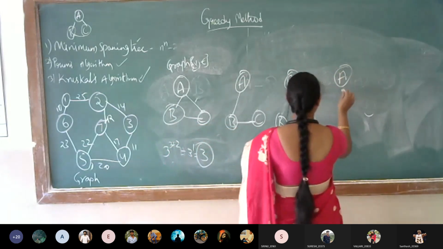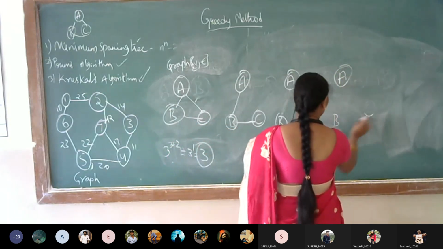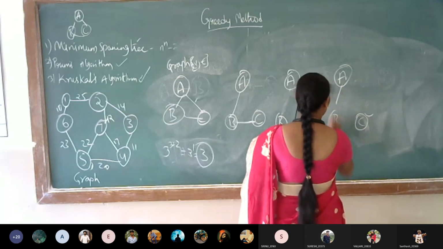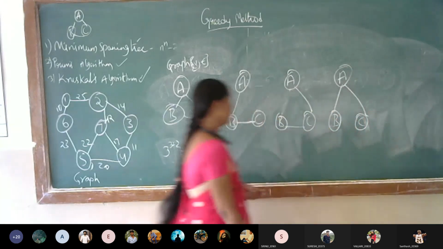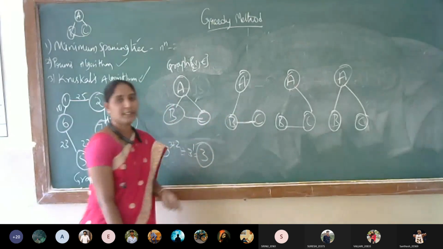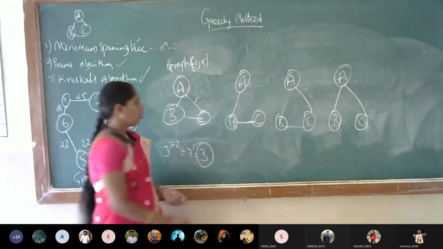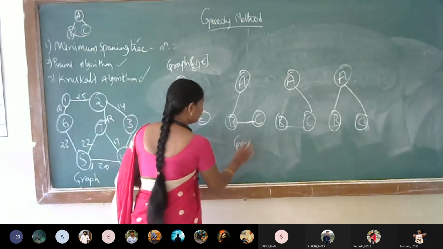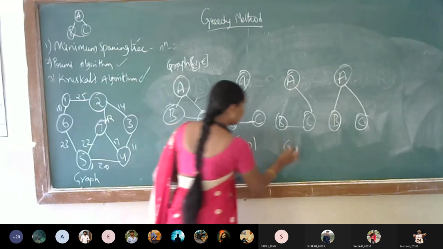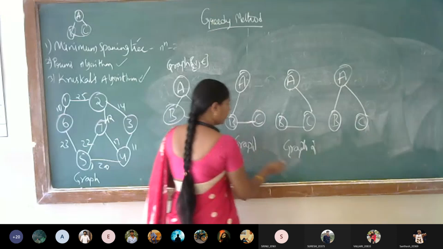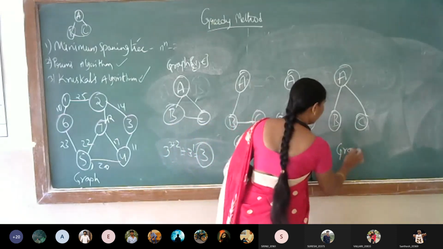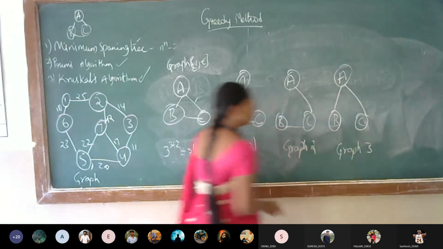And then I'll be visiting directly A to B and A to C. All the three different vertices have been visited. Okay, this is my graph 1. This is graph 2. And this is graph 3.